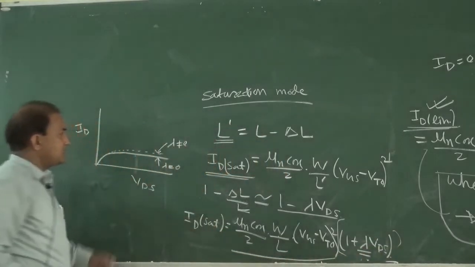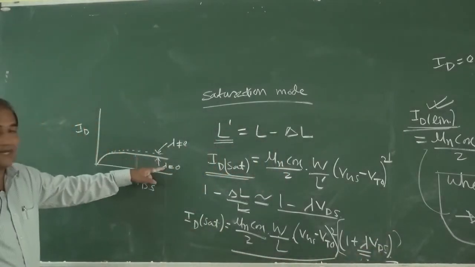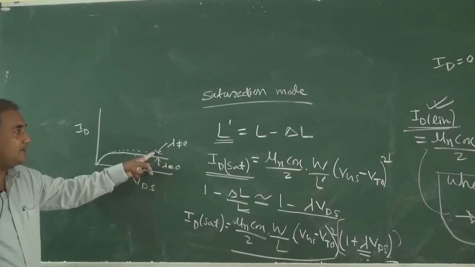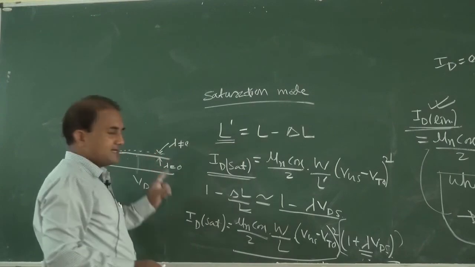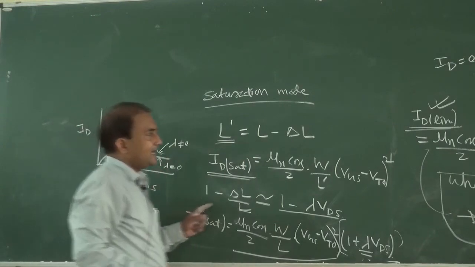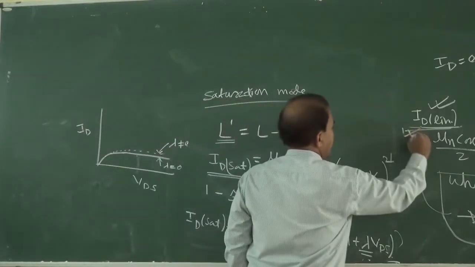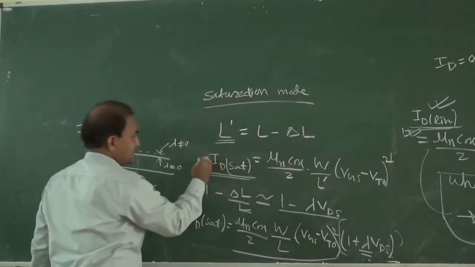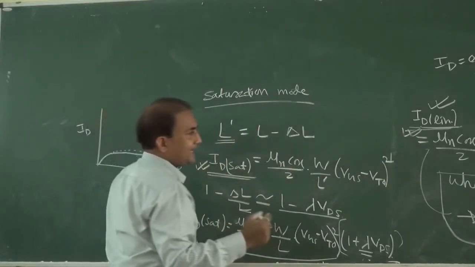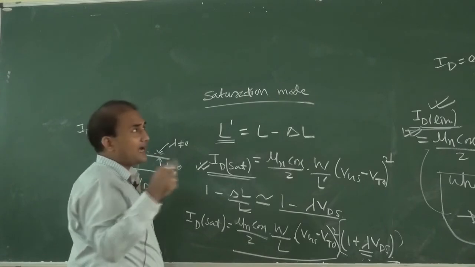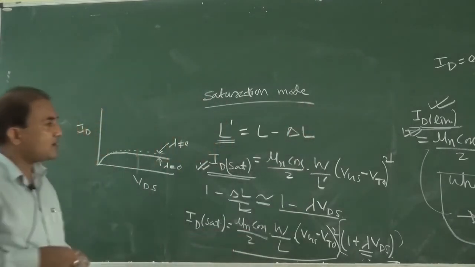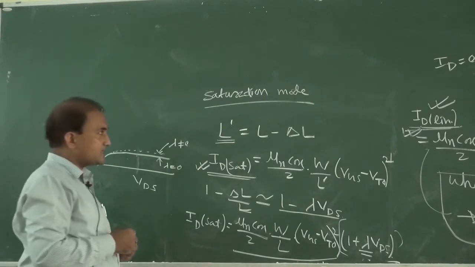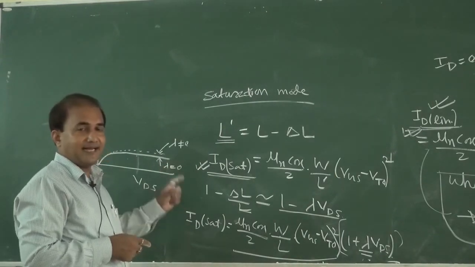This is the graph when lambda is not equal to 0. So this is the expression for drain current in the linear region, in the saturation region, and in cutoff ID is equal to 0. So this is all about the expression for drain current of the N channel MOSFET.